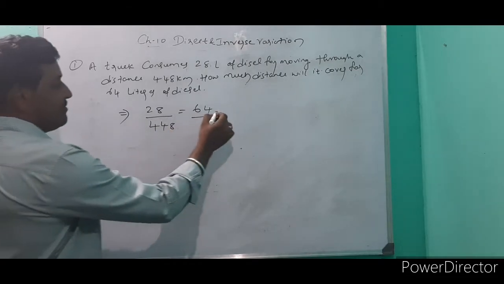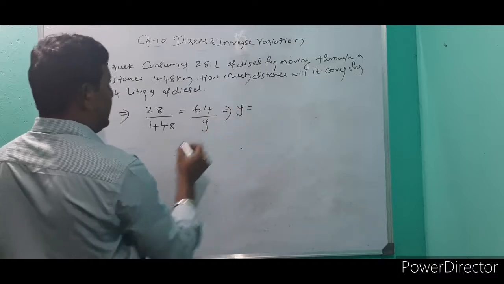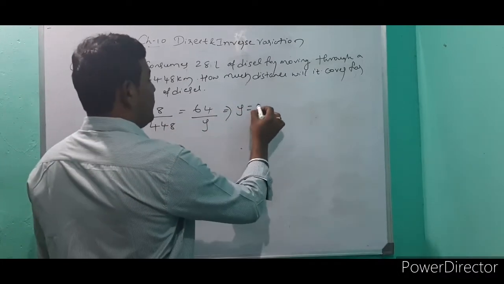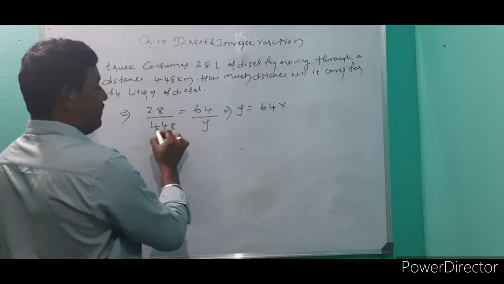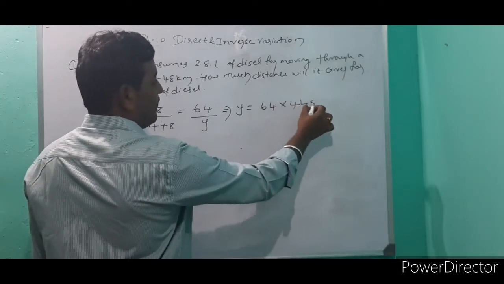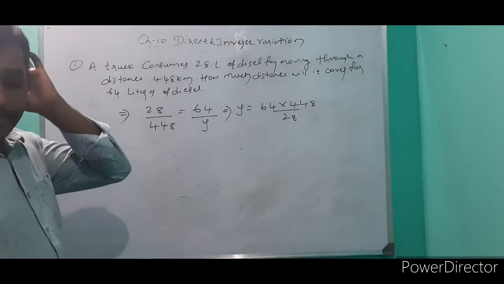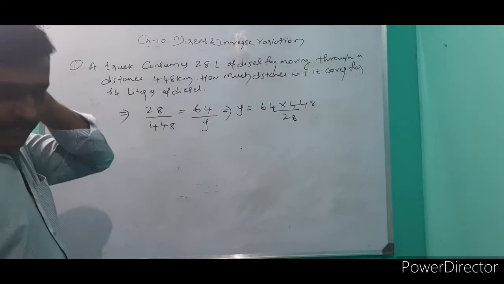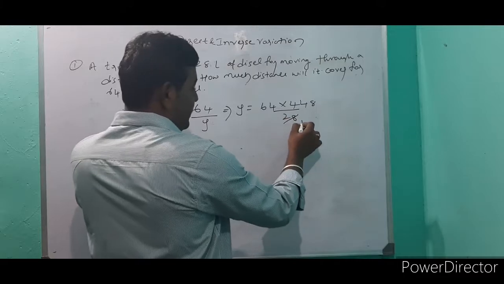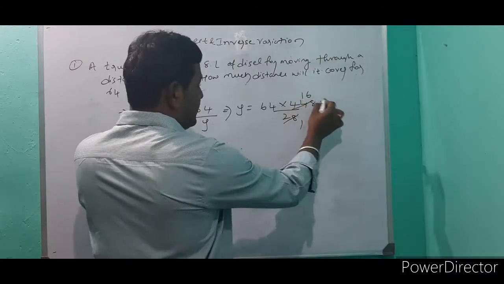So you can again cross multiply. Y is equal to 64 into 448 divided by 28. 448 divided by 28, if you cancel, 28 ones are 28, 28 16s are 448.